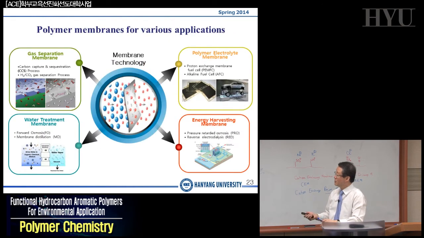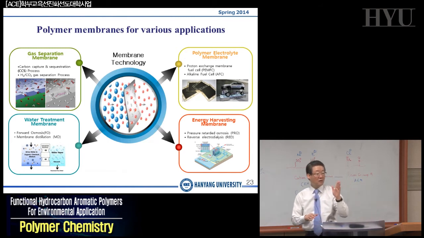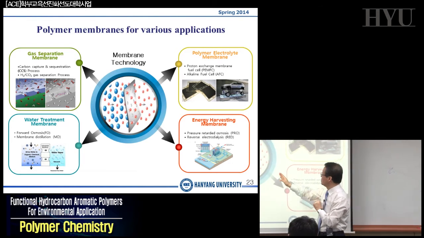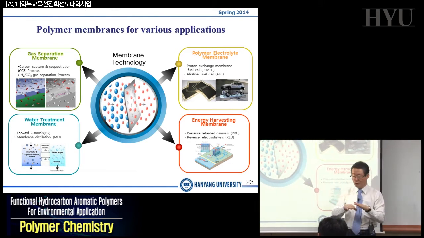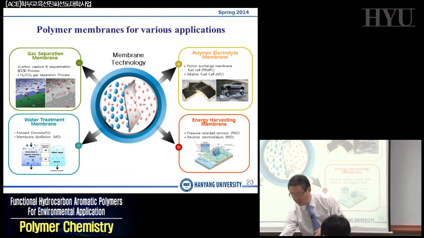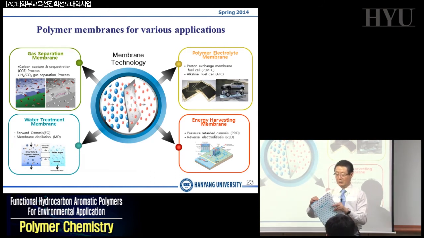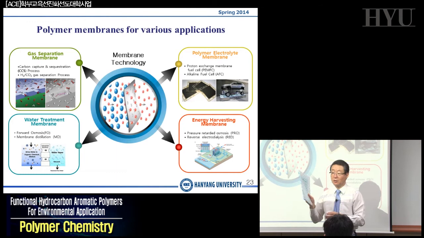So a membrane is a very thin film, just like a film that you can see. But if you use just these films and make this folder, there is no function.